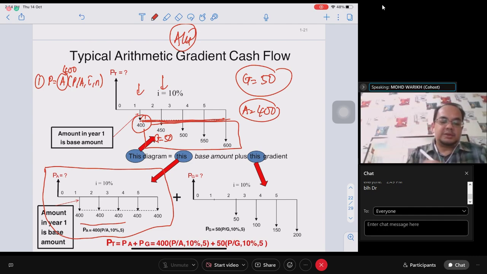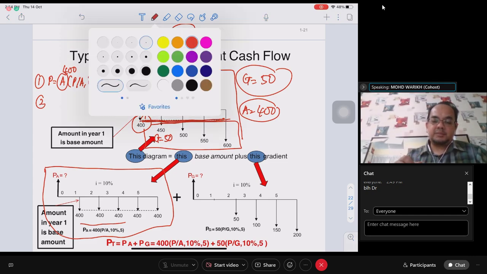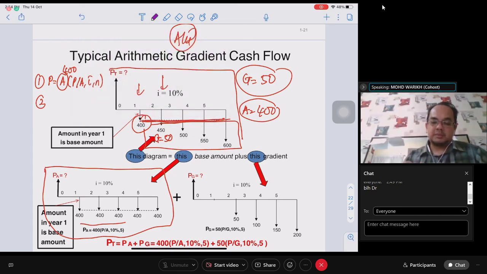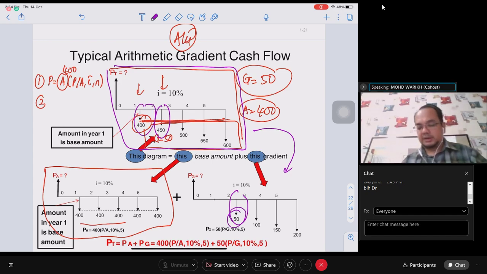So the second one is about the gradient itself. Make sure that from this cash flow diagram, we start from year 2 because the difference between year 2 and year 1 is 50 ringgit, right? So we know that it is a gradient.